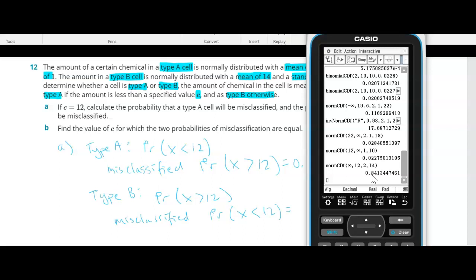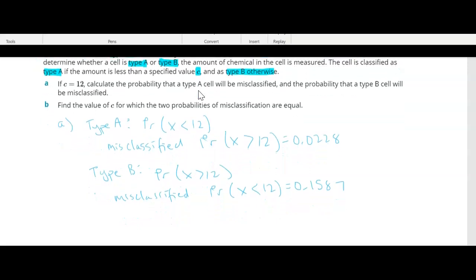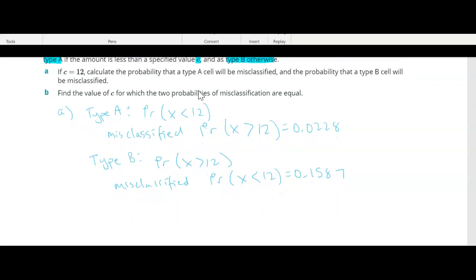Oops, that should be negative infinity. Sorry, I got my inequality sign around the wrong way. So 0.1587. Just make sure you know that type A and type B have a different mean and standard deviation. Part B: find the value of C for which the two probabilities of misclassification are equal.